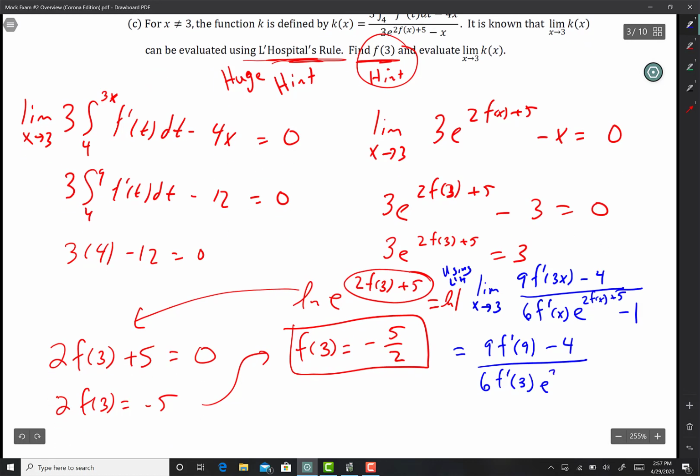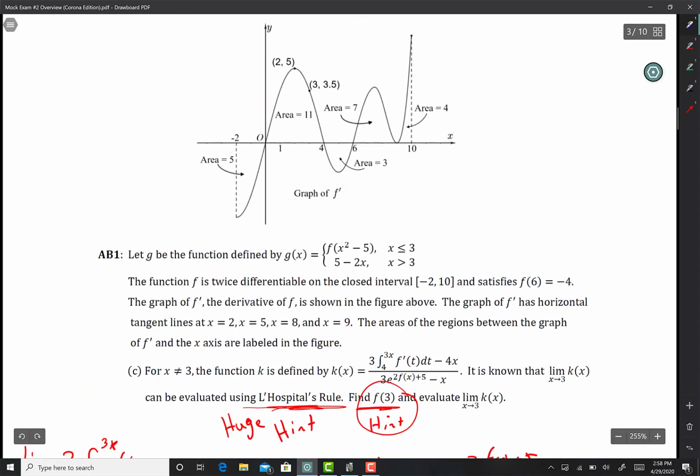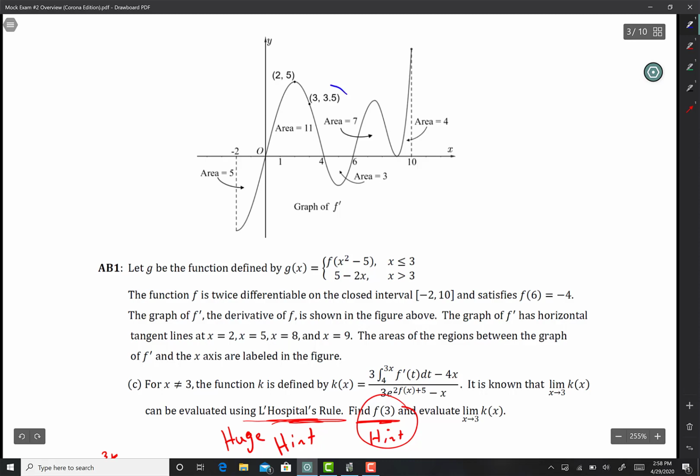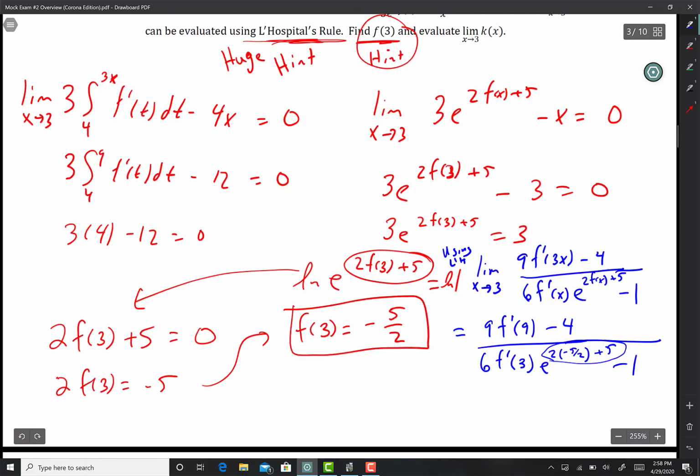So I'm going to write 2 times negative 5 halves plus 5. Oh man, these guys are tricky. Look what's going on there. Minus 1. So right here, these 2s are going to cancel out, and you're going to get negative 5 plus 5, which is 0. e to the 0 is 1. f prime of 3, I got it from here. f prime of 3 is 3.5.